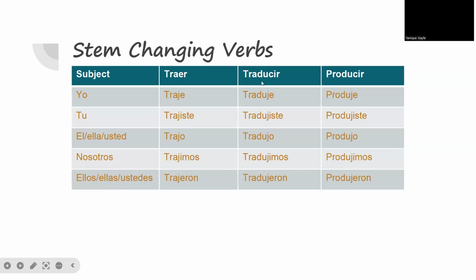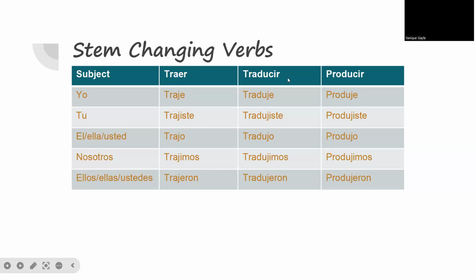We have another group of verbs also that just decide to adopt the letter J, okay, in the middle of the verb. So we're gonna see them. Traer, traje, trajiste, trajo, trajimos, trajeron. And this one, the pronunciation is difficult. I'm not gonna lie. And traer means to bring.